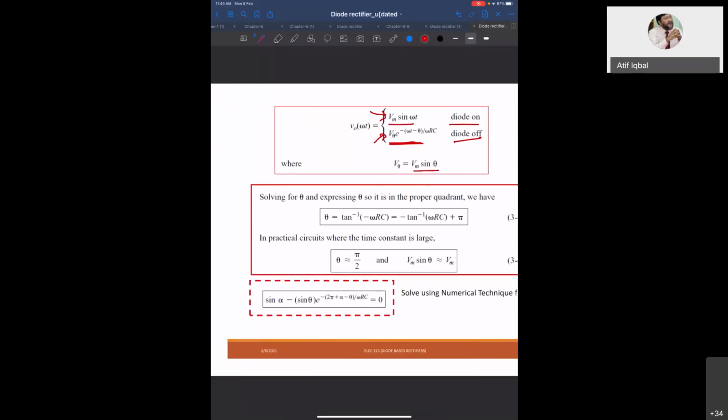It is just the RC circuit natural response, with some V naught.